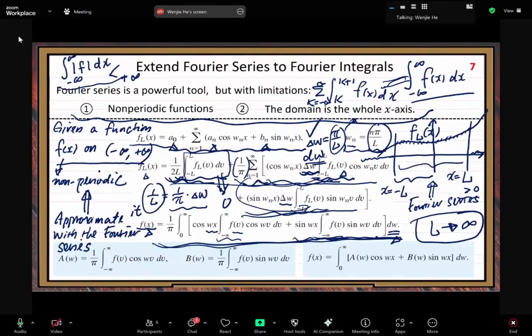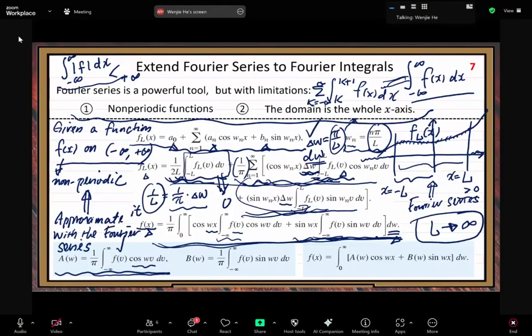So now we want to represent this relatively complex formula a little more easily, so we introduce notation. The first notation, capital A of w, we use to represent the single integral. We want to avoid that double integral representation. So we introduce a new function, capital A of w equals 1 over pi times the integral of f of v times cosine wv dv. Given the f function, we can calculate this expression, right?